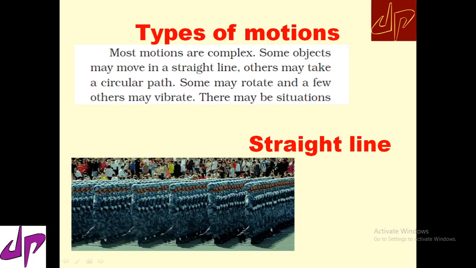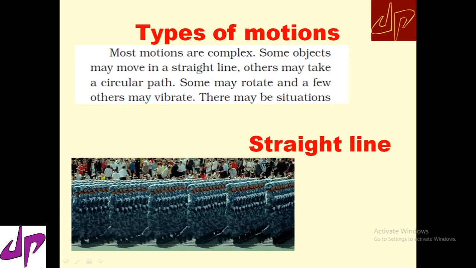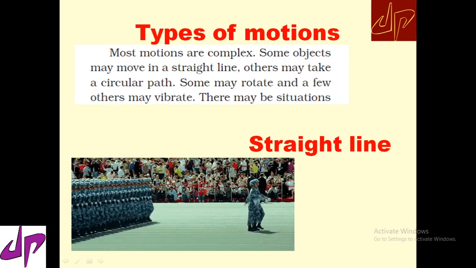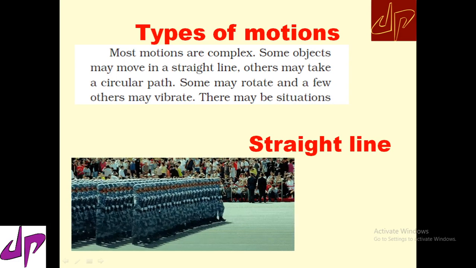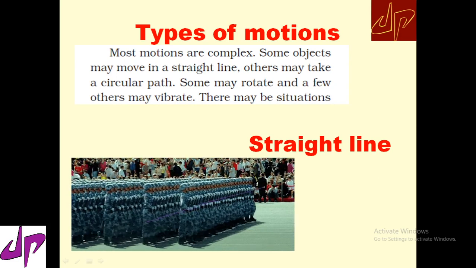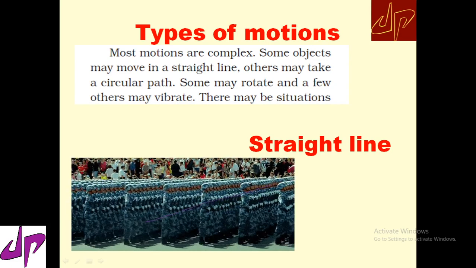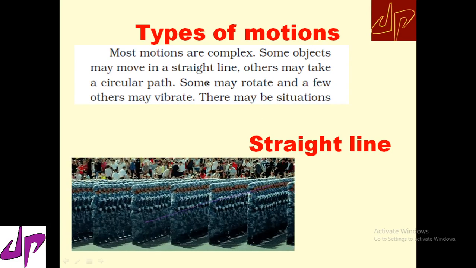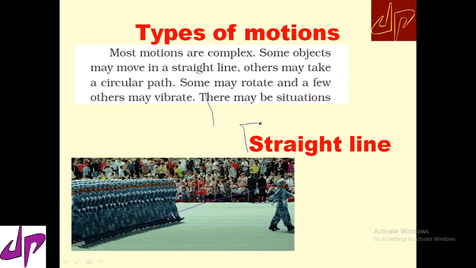If an object moves in a straight line, it should not change its direction, just like in a march past. All these soldiers are moving in a straight line. This kind of motion is known as straight line motion or motion in a straight line.